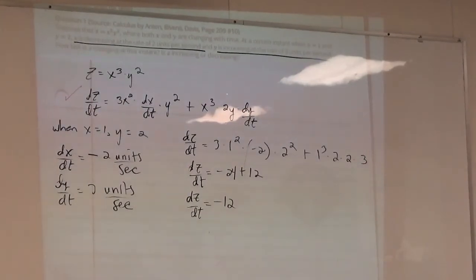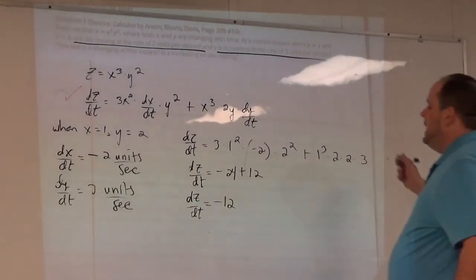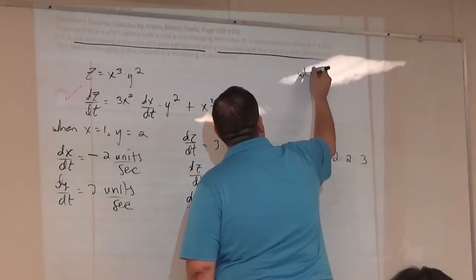I want to see that sentence. I want a perfect sentence. The perfect sentence, you're going to tell me when this is true, at what time is this true? I like to start with the when.